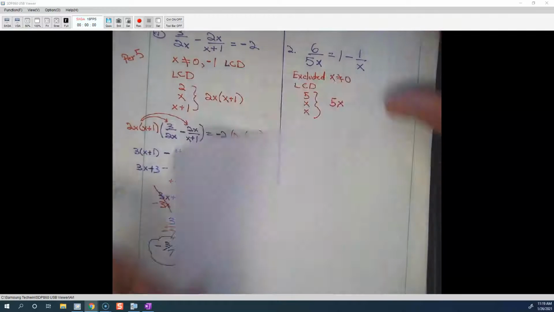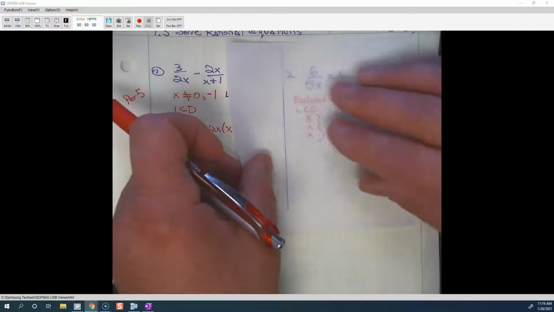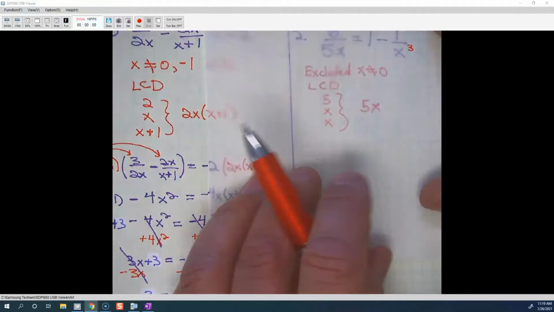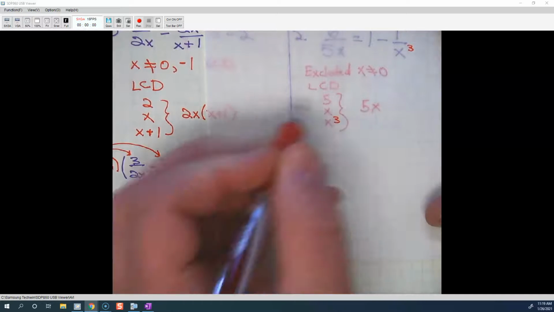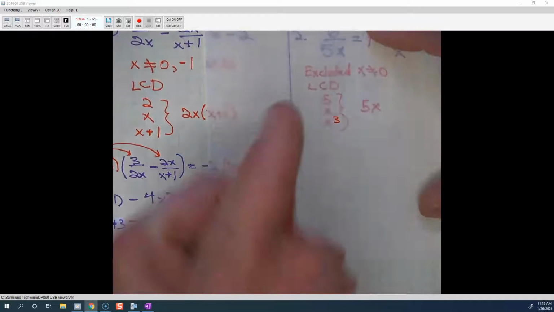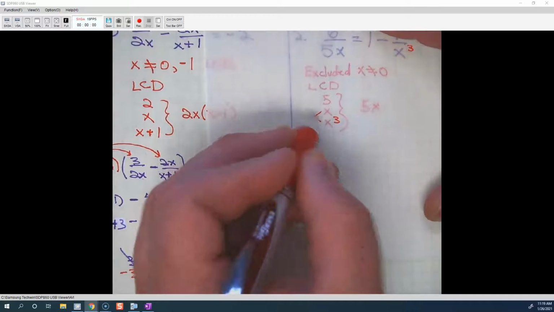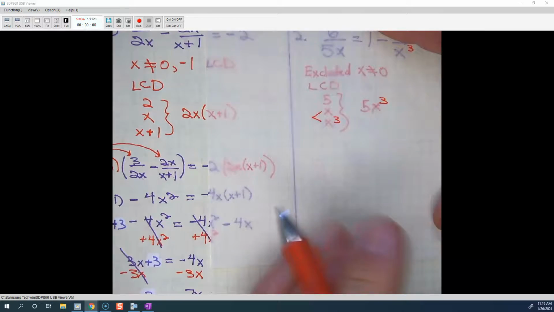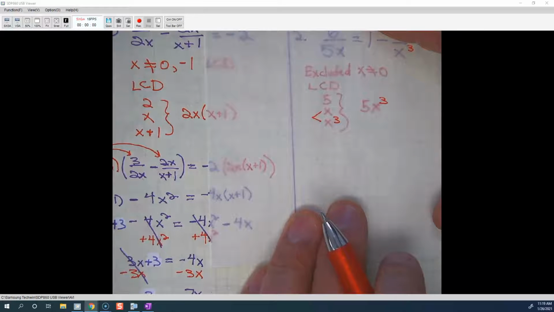Now, just to show you a difference here, guys, because this is the part that usually gets people confused. Let's say that the problem was a little bit different, and instead of this x being x, it was x cubed. So now you would have x cubed. So these are the same factor. You take the larger of the powers, and that's what's part of your least common denominator.